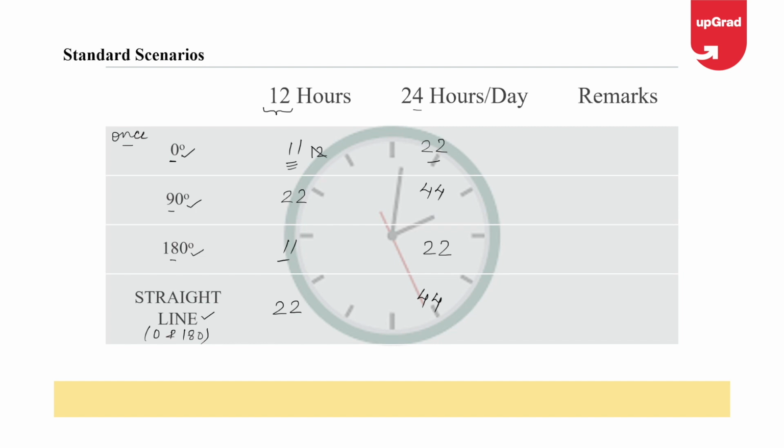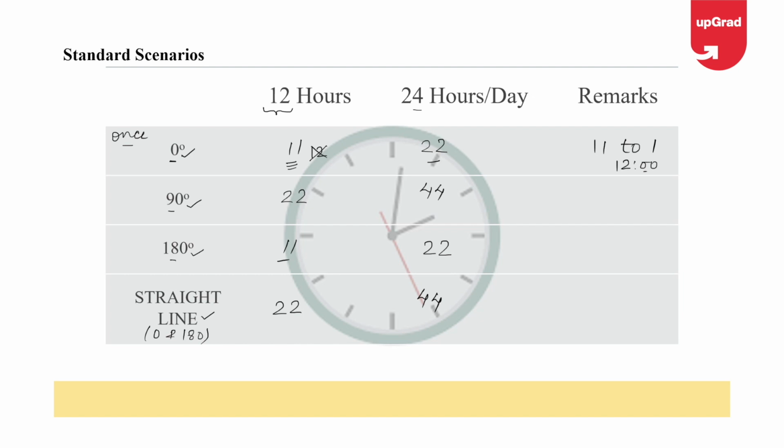Then why is it 11 instead of 12? For that, you need to check what is happening between 11 to 1. The only time they will coincide is at 12 o'clock. Ideally, between 11 to 1, they should coincide twice because it's a span of 2 hours. But actually, it is happening only at 12 o'clock.